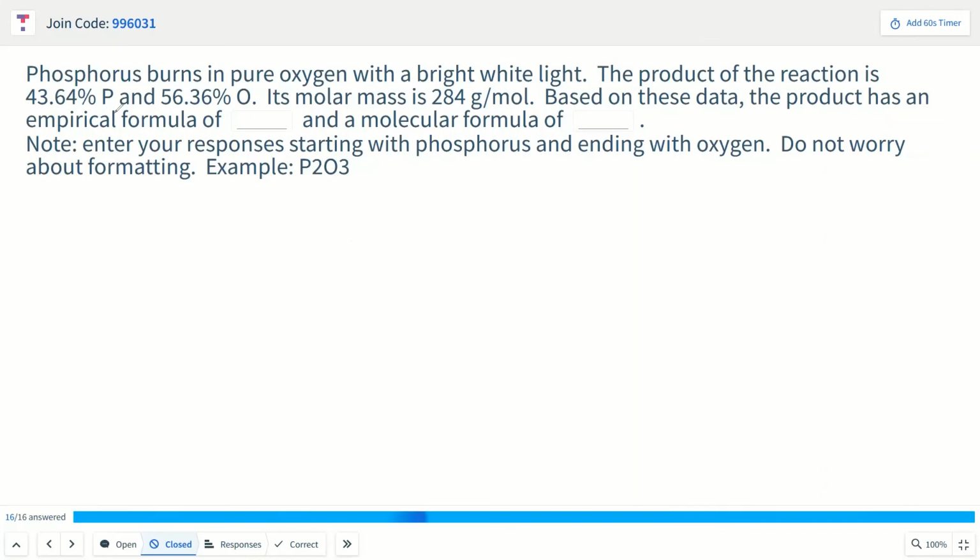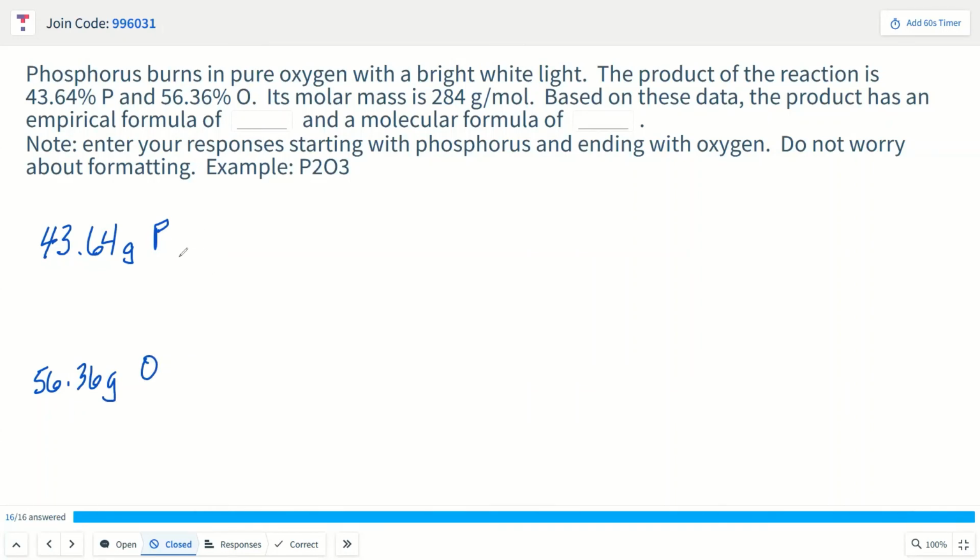So we have phosphorus and oxygen in a reaction to make a compound. We're given its mass percent data, and we're given its molar mass data. We need to find the empirical and molecular formulas. So again, we start with the same kind of process that we have all along. Turn the percents into grams: 43.64 grams of phosphorus and 56.36 grams of oxygen.